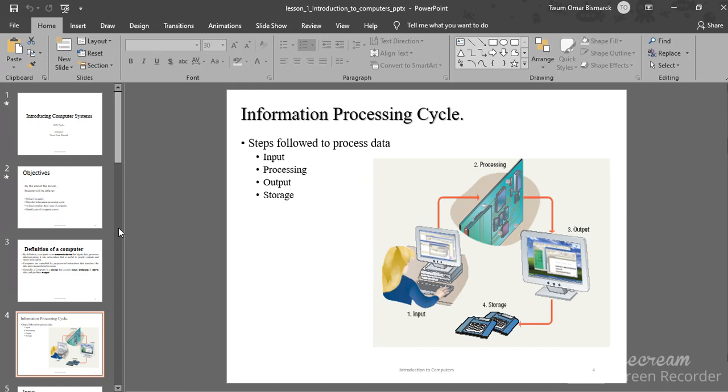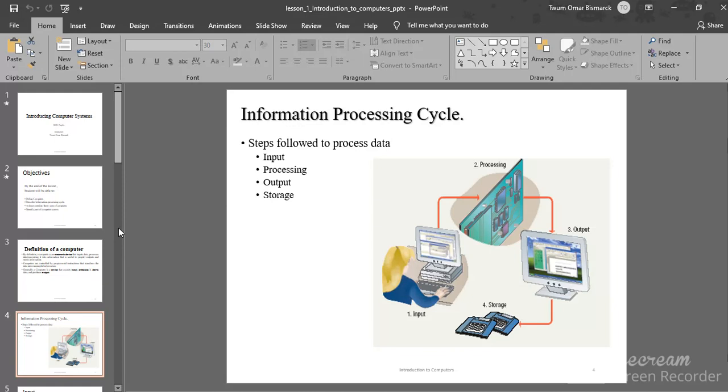As I said earlier, before information is output for a purpose, there must be a user. Looking at the picture, we have 4 basic components in the processing cycle of information: input, processing, output, and storage.